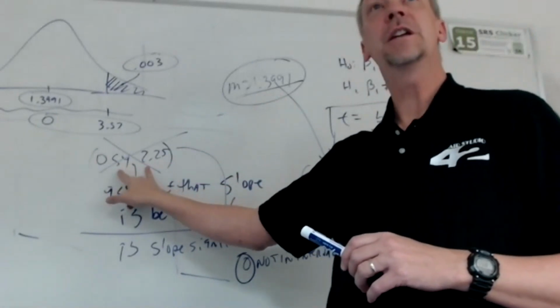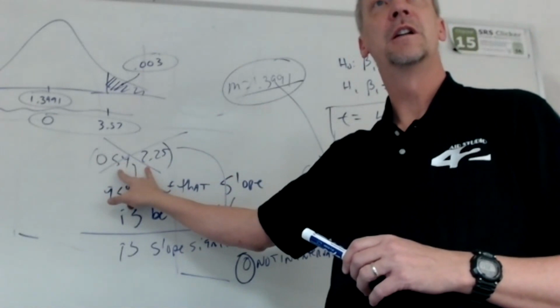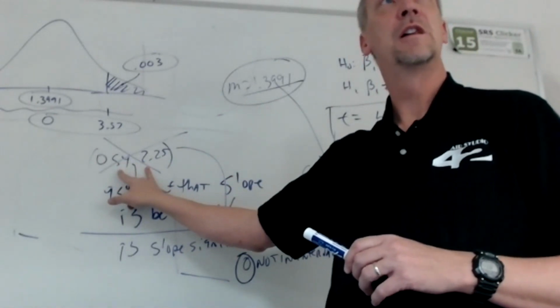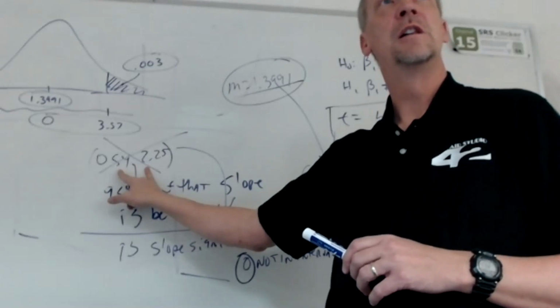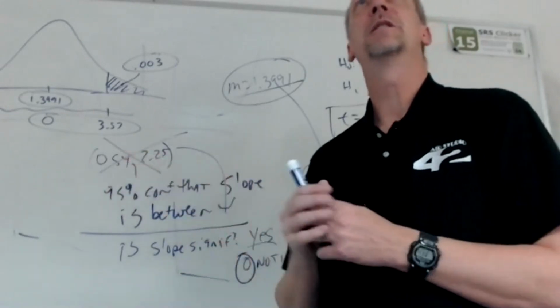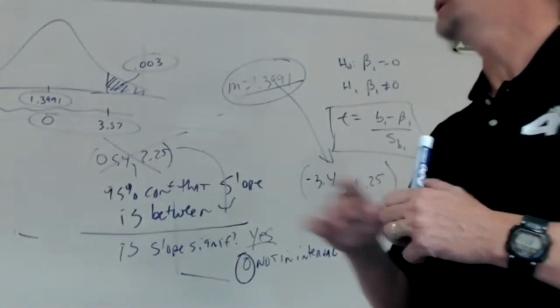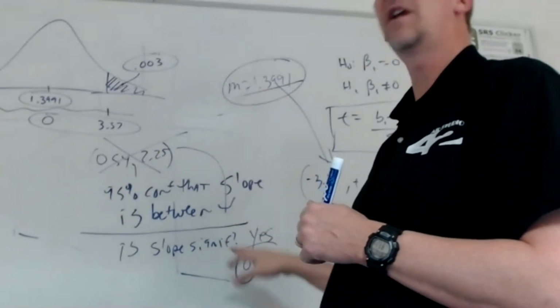Right, but what I'm asking is, for it to be not significant, both that slope and the zero would have to be in between the intervals. For it to be not significant, both the point estimate and the zero would have to be in there.